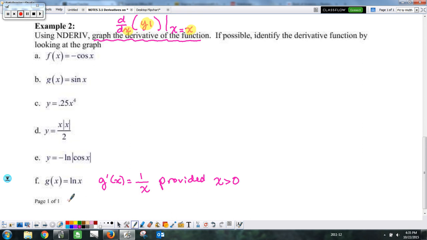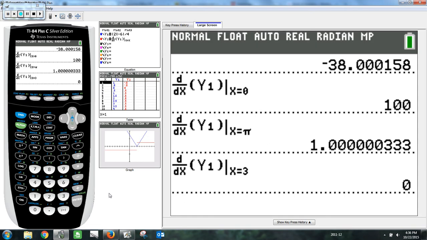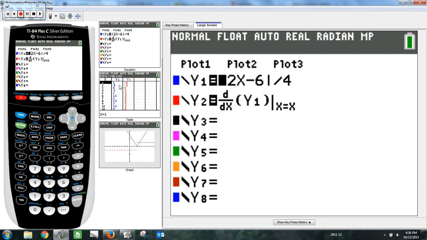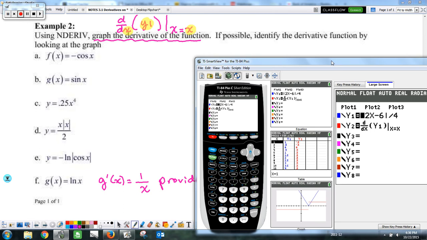Remember, your derivatives only exist when the function is continuous, smooth, and not unusually steep. So this has no derivative for everything less than or equal to 0, but it has a derivative for x greater than 0, and that derivative, we can already tell by looking at the pattern, is 1 over x. And as you're looking at these, utilize your table feature to investigate and look for that pattern.